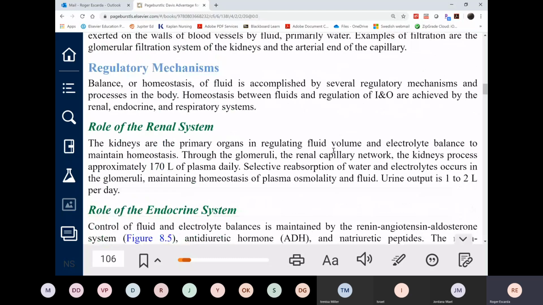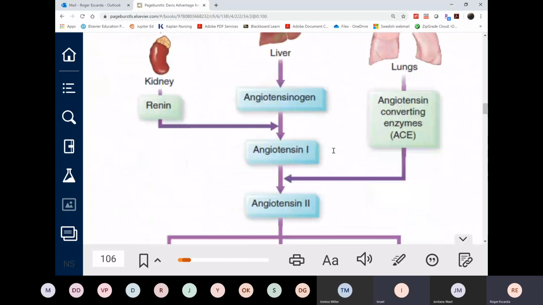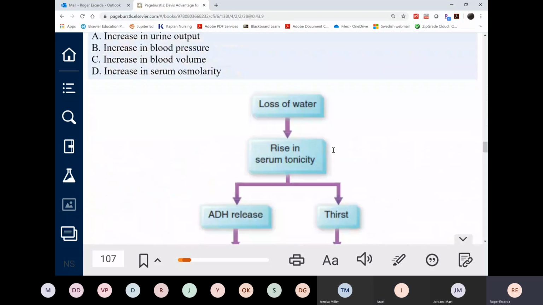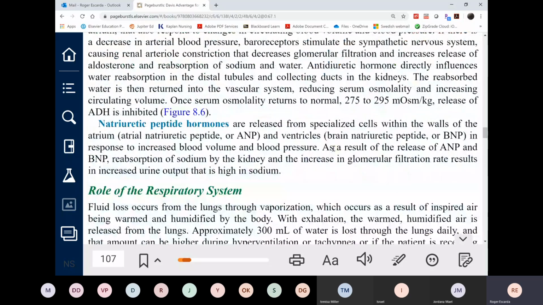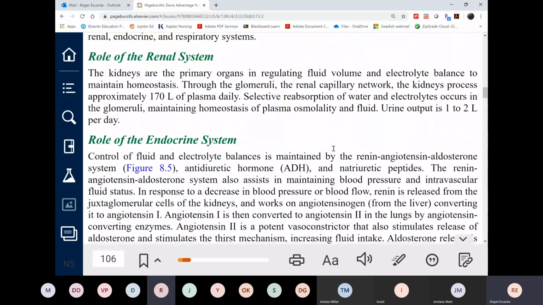So let's look at the regulatory mechanisms. We have the renal, endocrine, and the respiratory. Okay, let's start with those. So real quick, kidneys, you have two of them. They have a big role in fluid and electrolyte regulation, it's irreplaceable.